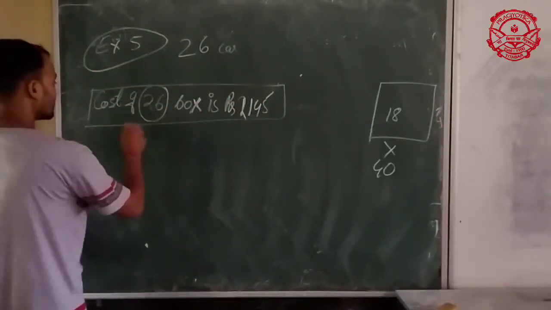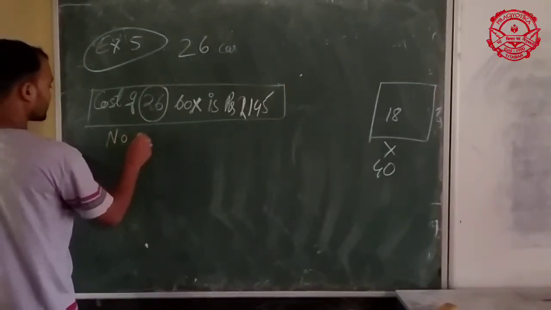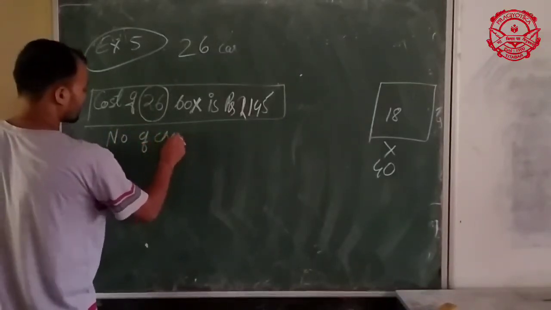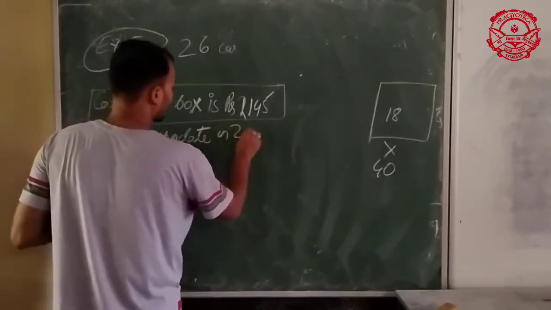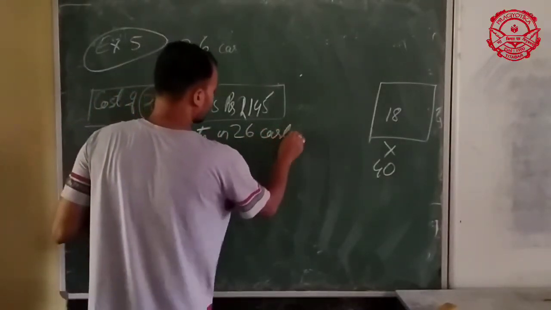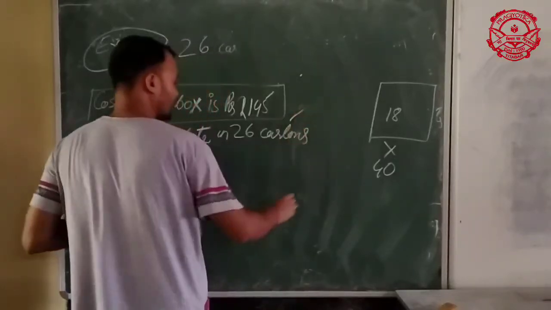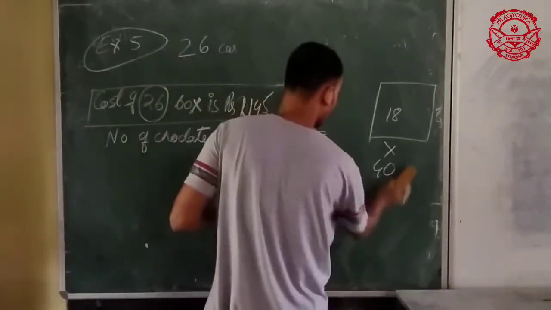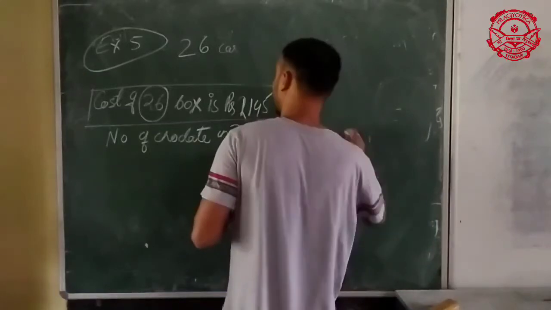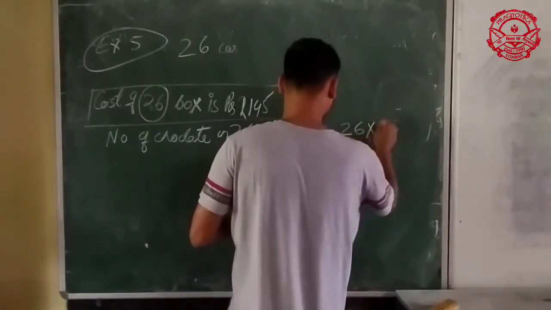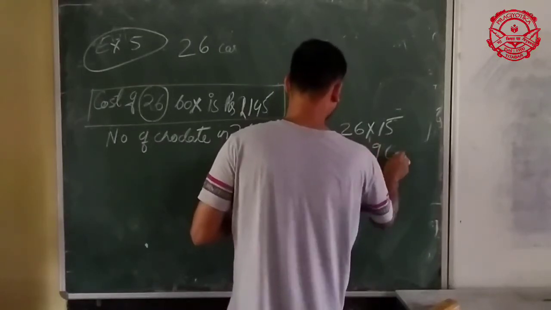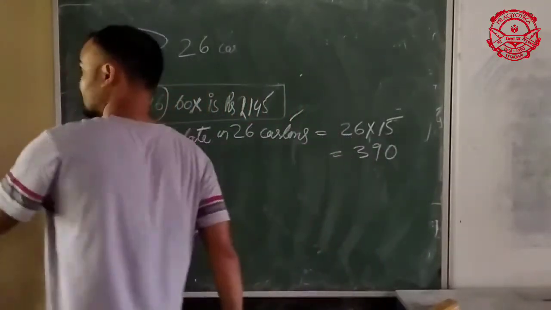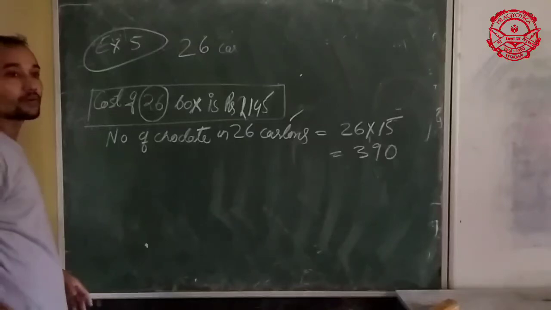Now the number of chocolates in 26 cartons equals 26 into 15. It will be 390. So in total 26 boxes, I am having 390 chocolates.